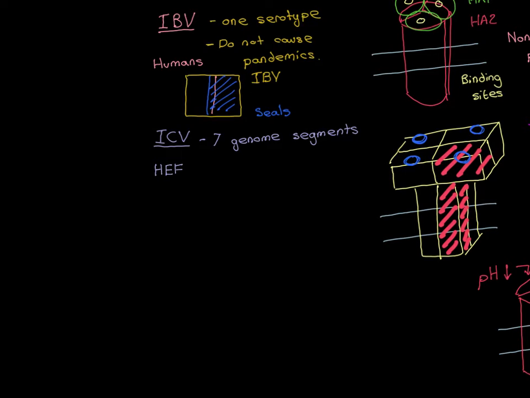Although, as we'll see when we come on to the pathogenesis in more detail, it's slightly more complicated. It performs a different type of reaction to the neuraminidase, but we'll come on to that in more detail when we actually go on to the pathogenesis. You have to understand the replication cycle. You have to understand what reaction neuraminidase is actually going to catalyze before we can talk about how this reaction is going to be different. But at the moment, we can think of it having both the function of hemagglutinin and neuraminidase.